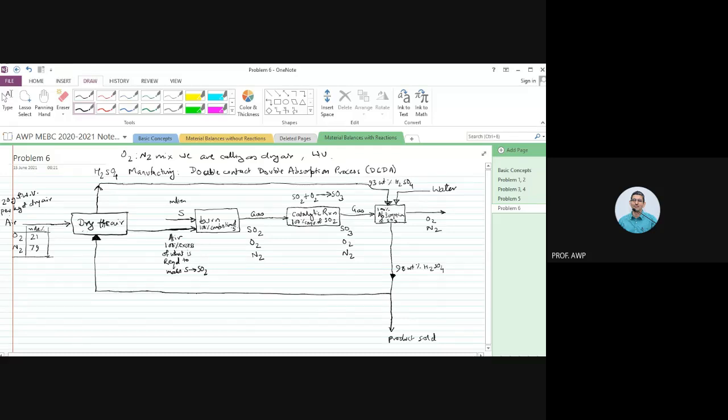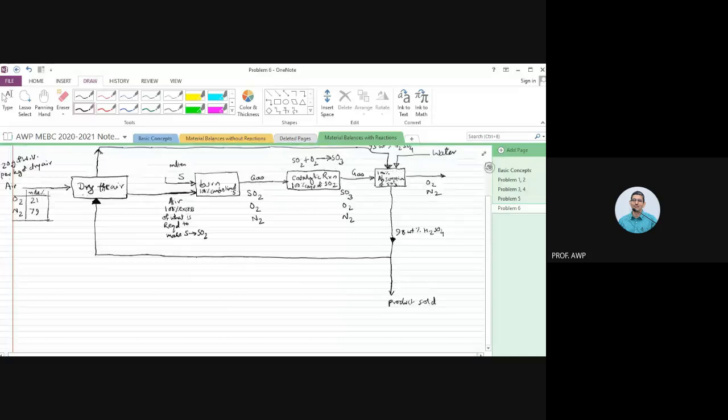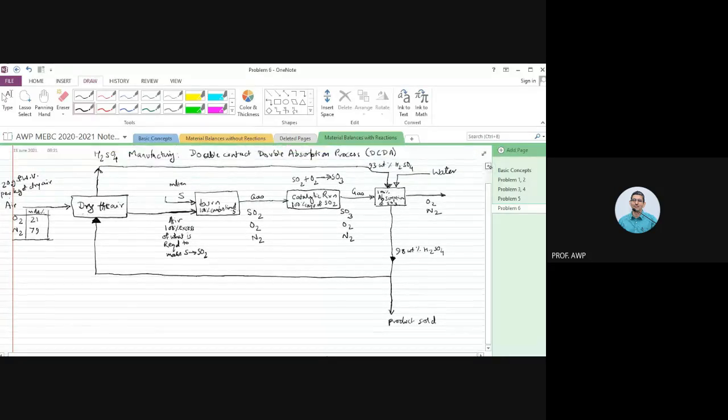Everybody has understood this process block diagram? Any doubt? Anything you want me to repeat?